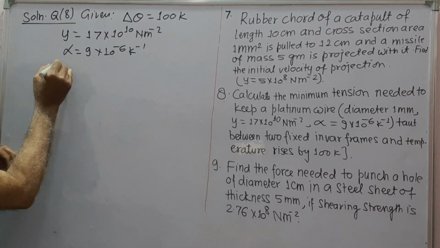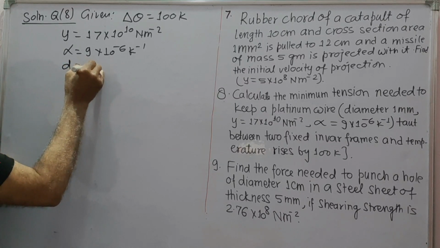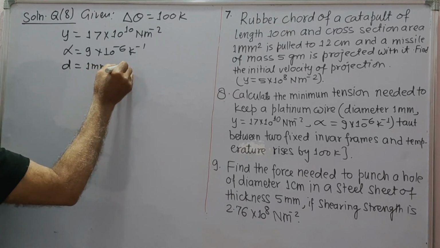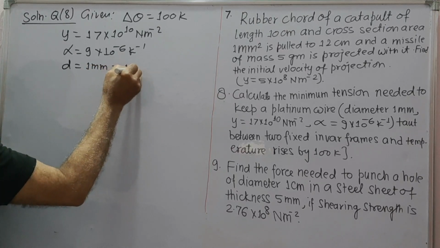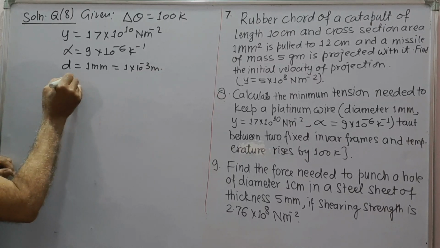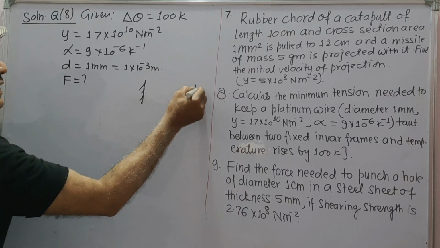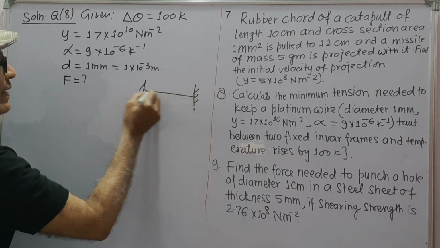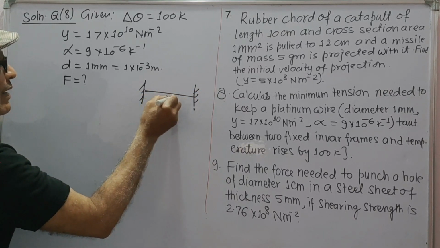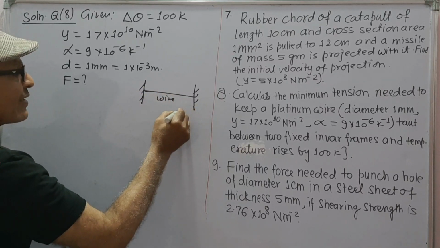Diameter is 1 mm, which may be written as 1 into 10 to minus 3 meter. We have to find force when the wire is fixed between two rigid supports.